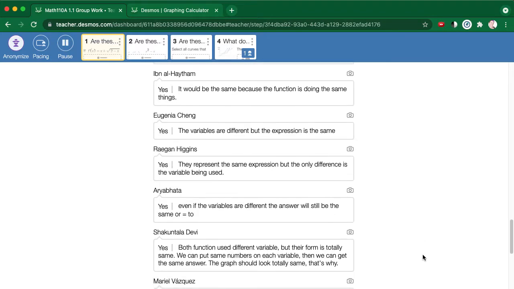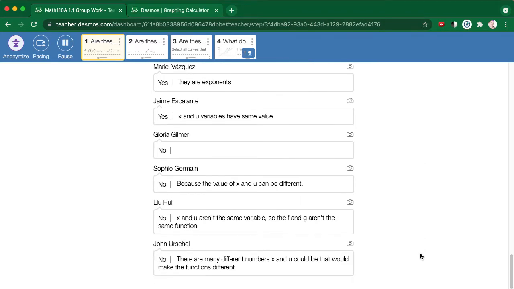It wasn't the same person, but one said they're not the same variable, so they're not the same function. And the other says, well, they're not the same variable, but they are the same function.